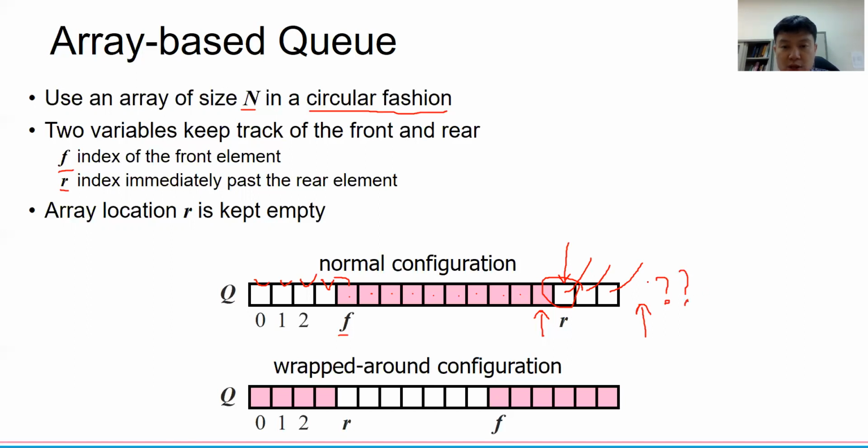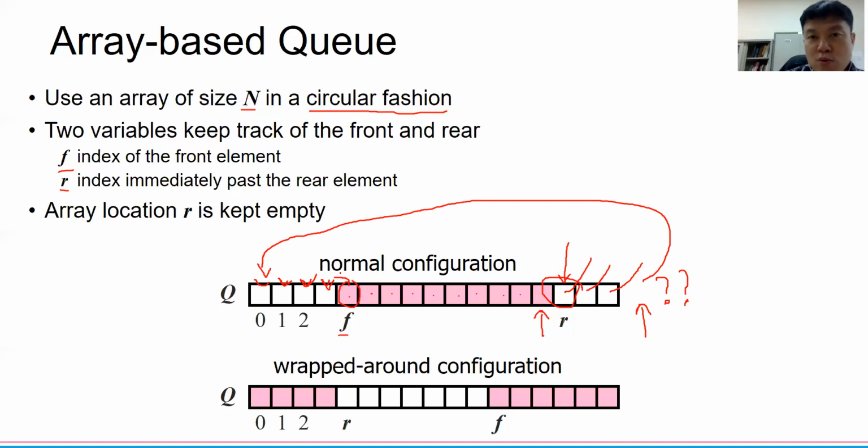Because there is no space, I need to put it in the first location, the first index, because it is empty. And then I will put one here, and then here, and then here. Let's assume that now these have already gone, so they are removed from the location.